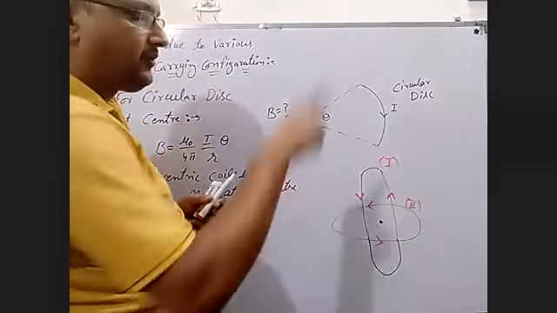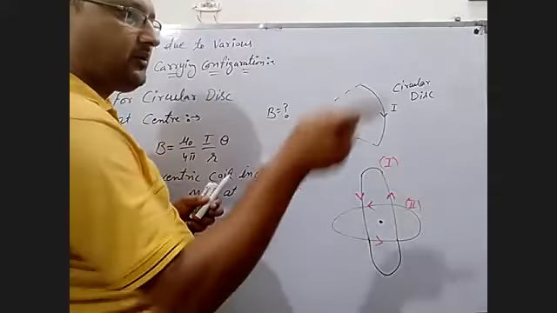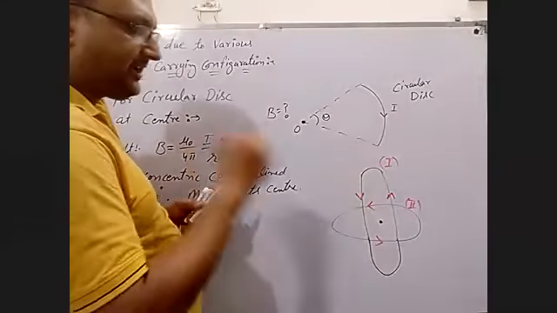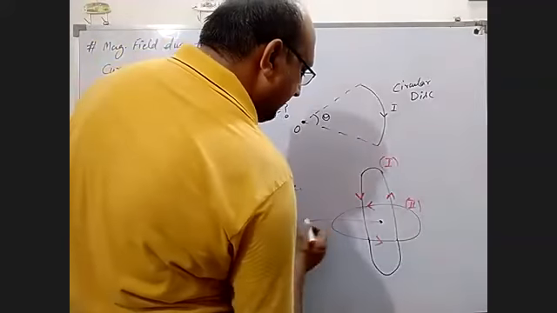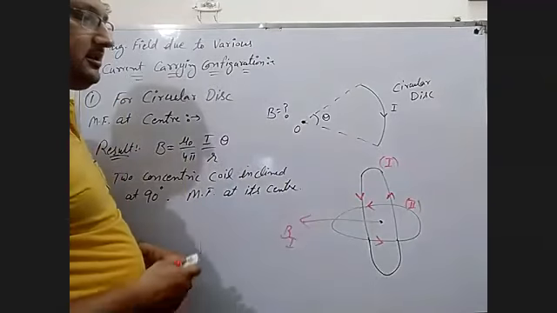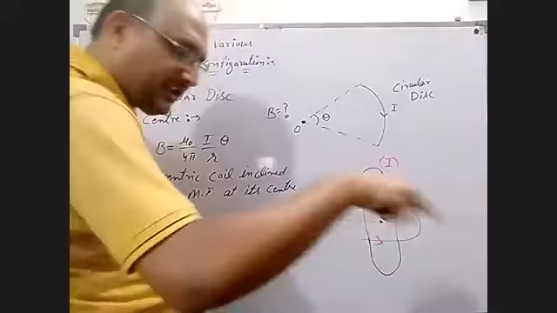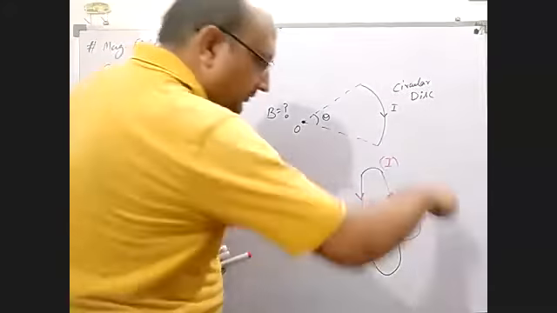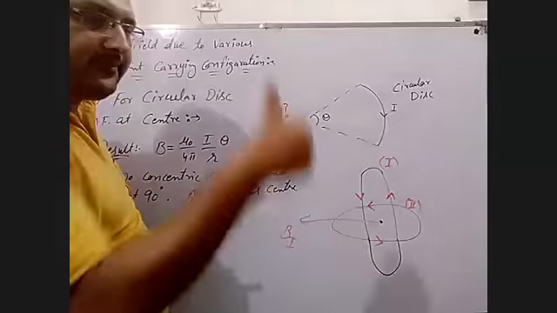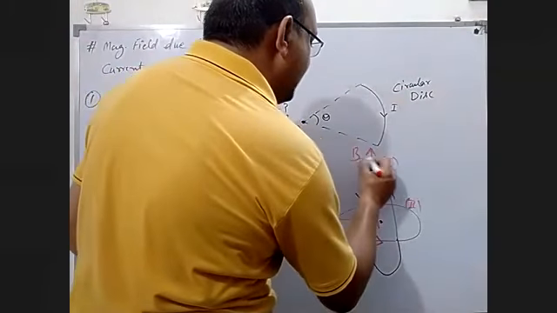If current is moving in this direction, then the magnetic field, it creates a north pole, by the right hand rule, and here is the direction of magnetic field from the first one, B first. And for the second, if current is moving in this direction, from the second circle you can see this thing. In this way, then you can take the magnetic field in this direction, B second.